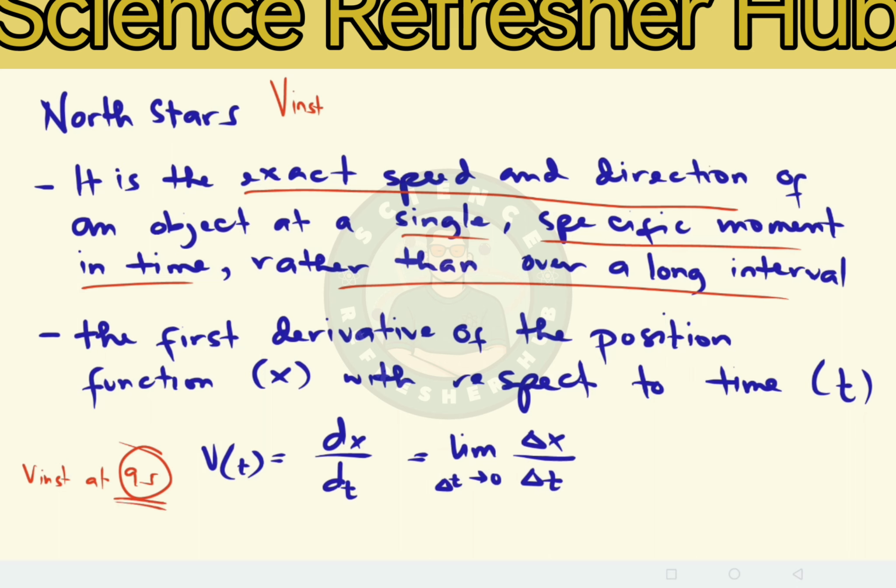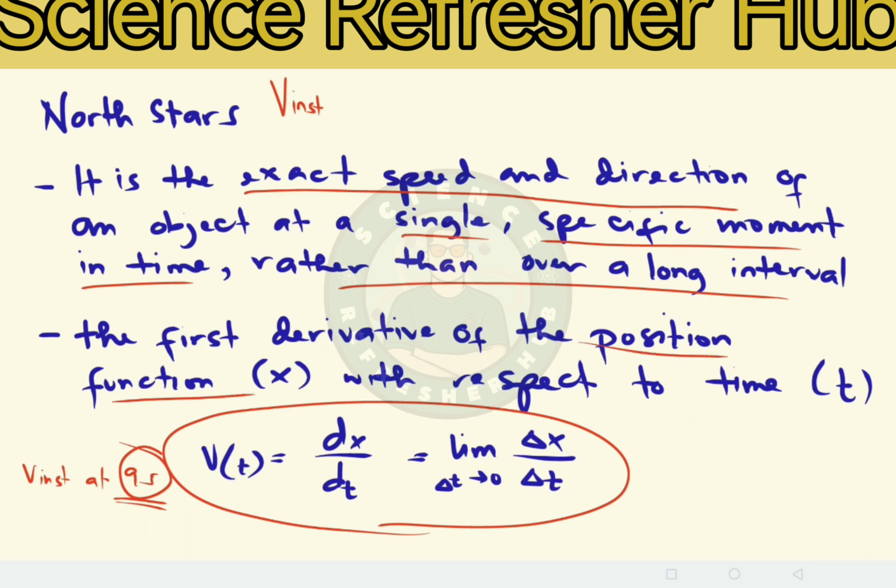So we have this formula here. If you're familiar with this, v of x is equal to dx over dt. And we can equate that to the limit of change of x over change of t, wherein t approaches 0. But let's not be so overwhelmed with this equation, because we will be using the power rule to shortcut how to get the derivative of the position function with respect to time.